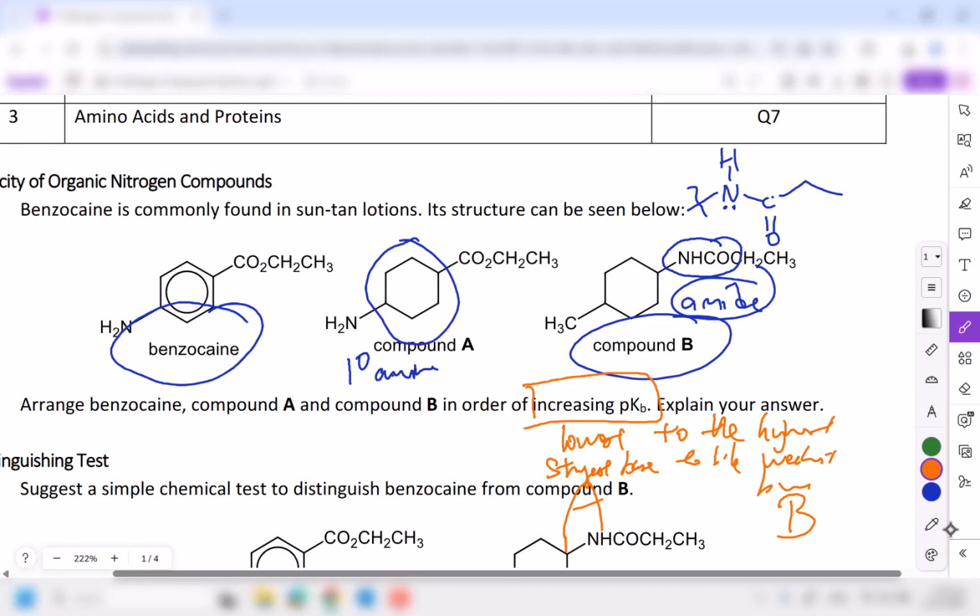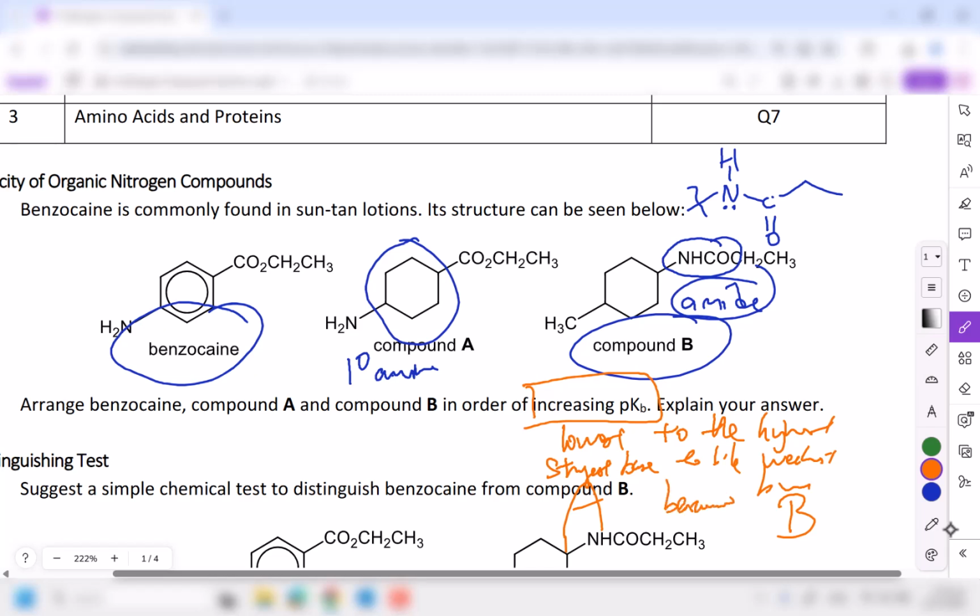For A, the electron density of the lone pair of electrons on nitrogen is enhanced by the electron donating nature of the cyclohexyl group. Then benzocaine will be somewhere in the middle, so I'm going to write it in the middle.